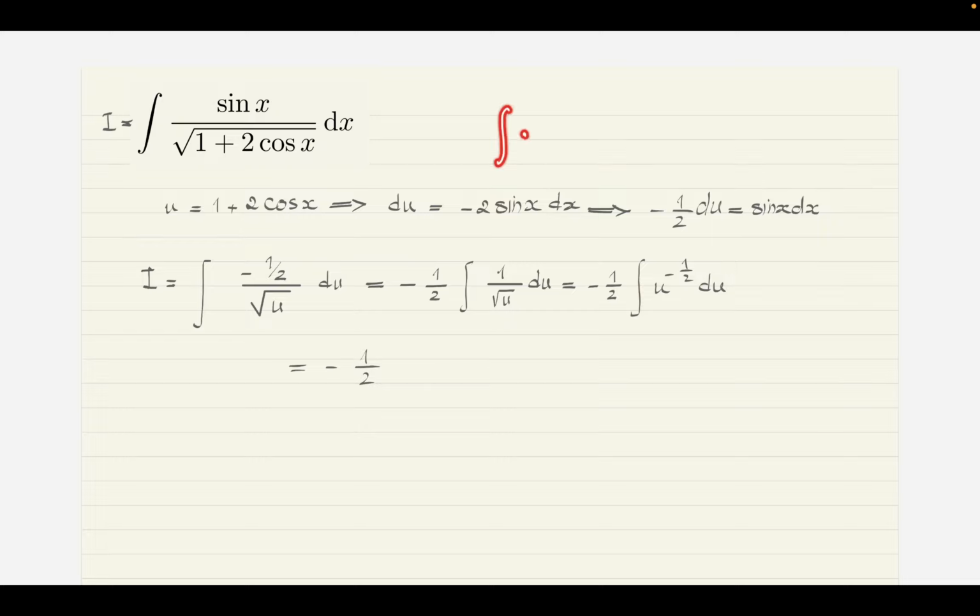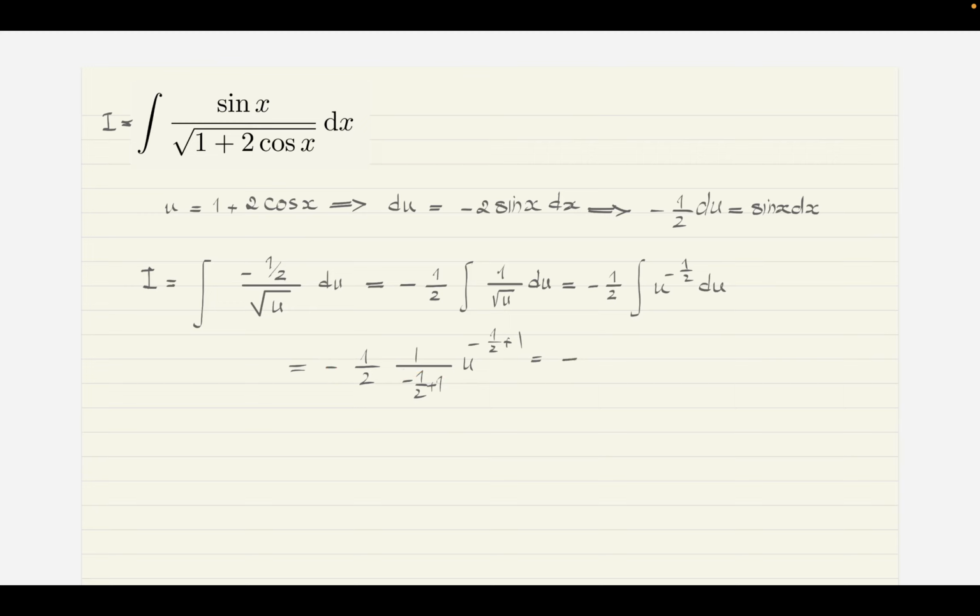So the integral of u to power r du becomes u to power r plus 1 divided by r plus 1, yes? So this becomes 1 over r plus 1, minus a half plus 1, u to power minus a half plus 1. So if I simplify everything, this number becomes 1 over 2, it goes up and they will be simplified. There will be a minus sign left.